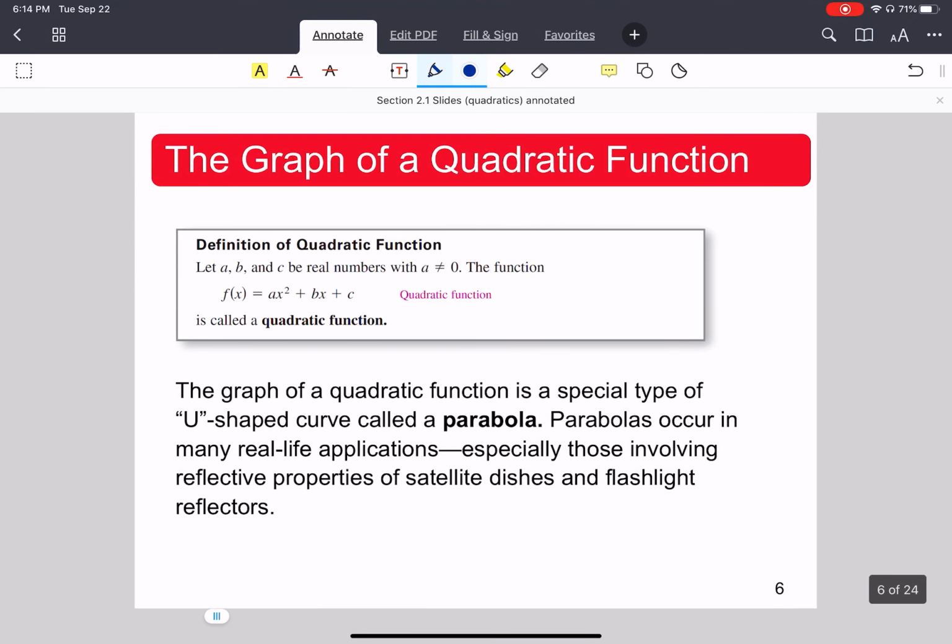This format is generally what I call general form, so I'm going to call this the general form of quadratic functions. The graph of a quadratic function is always a U-shaped curve, which is what we call a parabola. And parabolas occur in many real-life applications, especially those involving reflective properties of satellite dishes and flashlight reflectors.